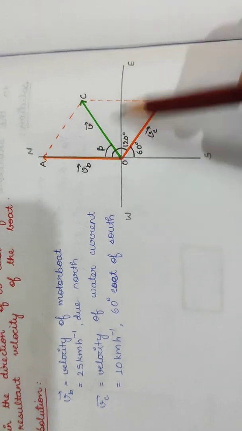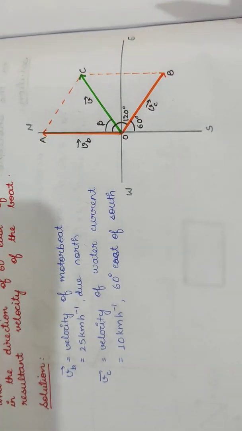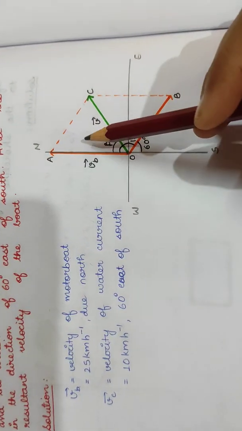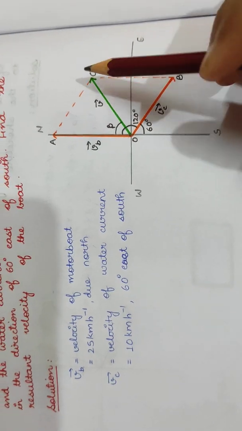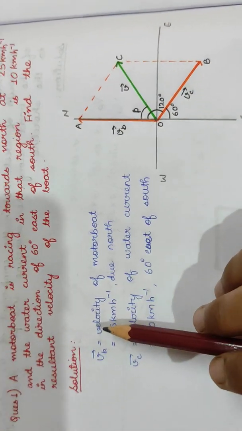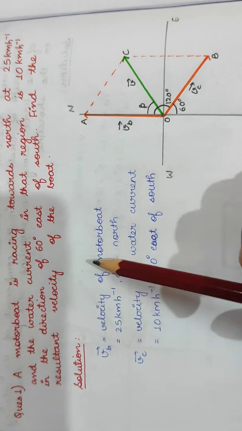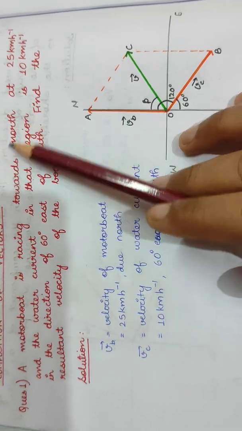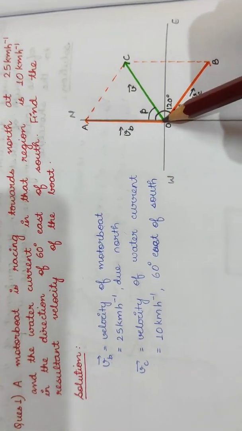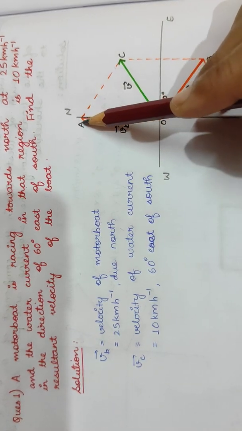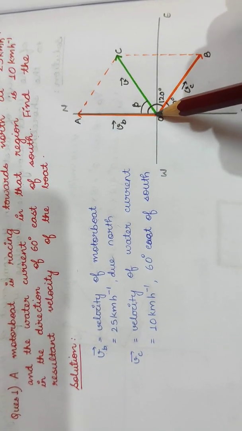So first we will draw these coordinate axes and the directions. According to the question, vector VB is towards north direction, so it will be drawn here from the origin.